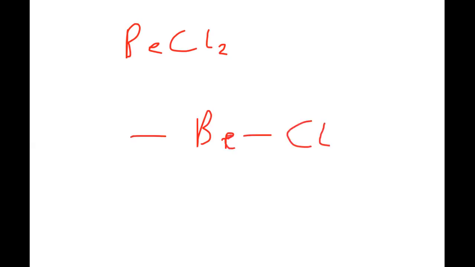Beryllium has 2 electrons in its outer shell. So if these 2 bonds are repelling each other, the most stable structure would be a linear structure with 180-degree angle.